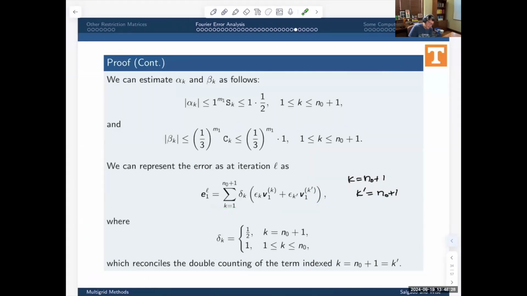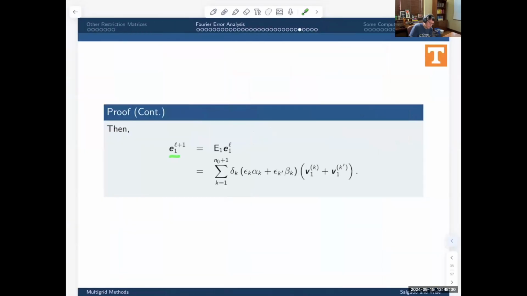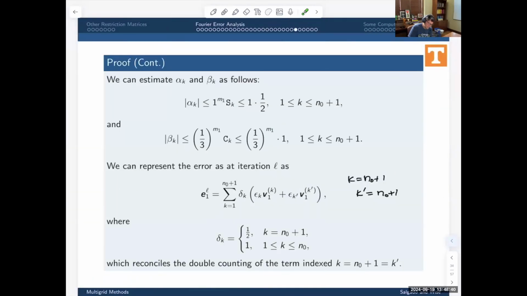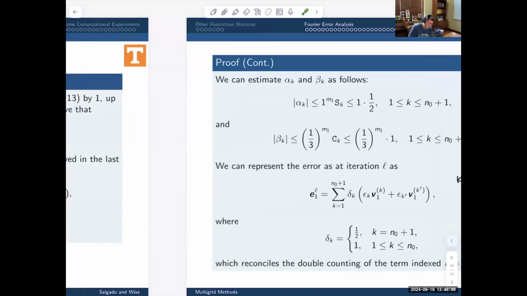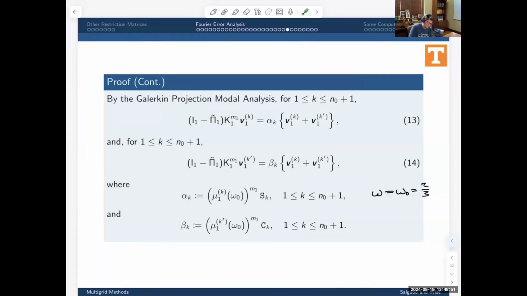then if I calculate e_1^(L+1), well, that's just the error transfer matrix of the two-grid algorithm multiplying that vector. And that passes along through here and attacks these. And now I know what the values of these are once it gets multiplied by that error transfer matrix. That was just tabulated previously. Okay, just these here and here.